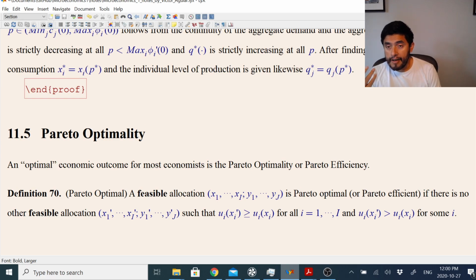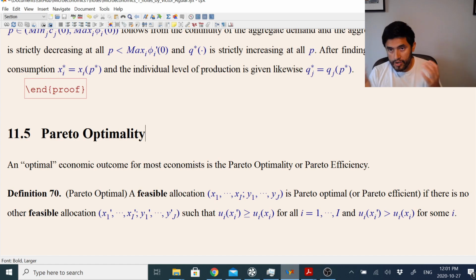So I can define a ranking called the Pareto rank, which ranks allocations in this particular way. It tells you that allocation X prime is better in the Pareto sense than allocation XY, whenever for all individuals U_i of X_i prime is greater than or equal to U_i of X_i, and for some individual U_i of X_i prime is strictly greater than U_i of X_i.